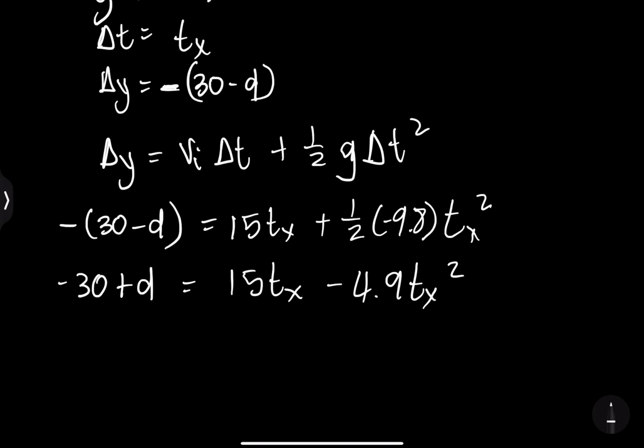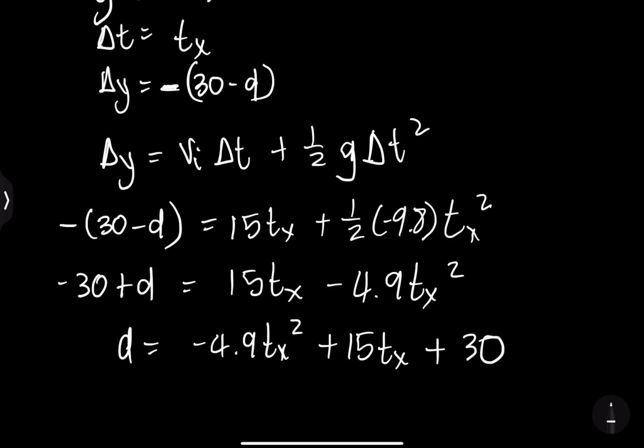I'm just going to isolate d so that it's easier for us. Again, it's minus 4.9 tx squared plus 15 tx, and I'm going to take the 30 to the other side, that's plus 30, and let's call that equation 2.